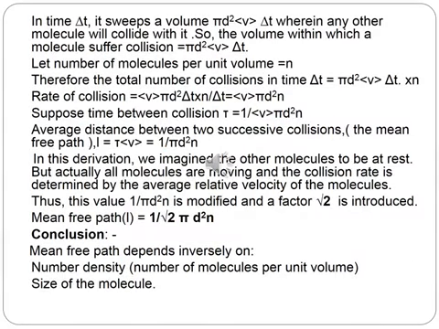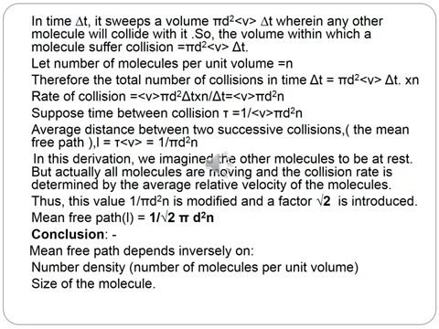So, the volume within which a molecule suffers collision is equal to pi d square v delta t, which is equivalent to pi d square h, where h is v delta t, the average velocity multiplied by the time delta t. It is the distance traveled by the molecule in time delta t.